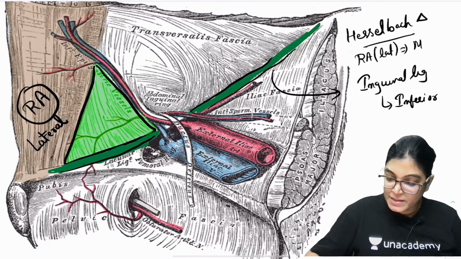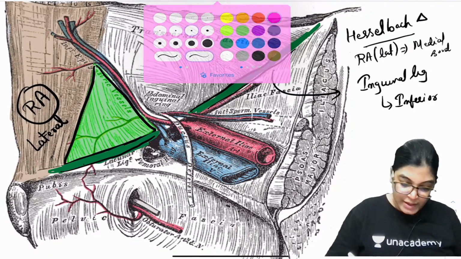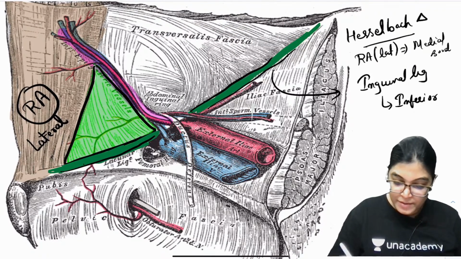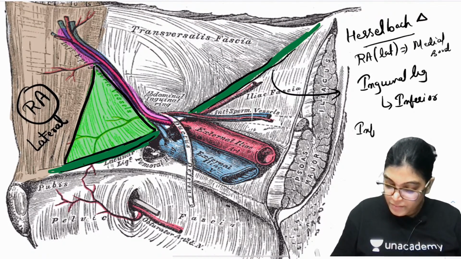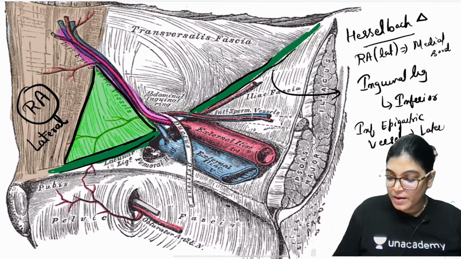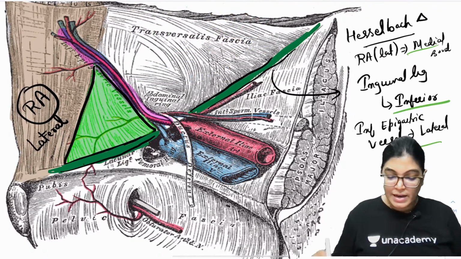It is forming the medial border for Hesselbach's triangle. And you can see the inferior epigastric vessels lying here. The inferior epigastric vessels are forming which border? Lateral border. Is it clear, everyone? So we have done the medial border, the inferior and the lateral border.